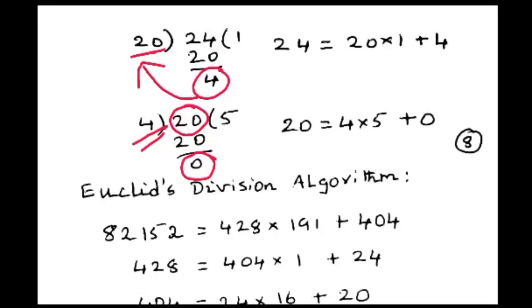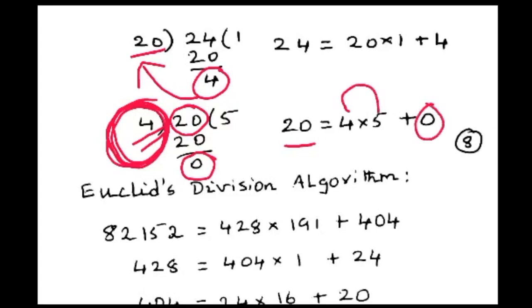That means in this case, this 4 becomes the HCF of the two numbers. Divisor 4 becomes the HCF of the given two numbers. So dividend 20 can be written as divisor multiplied by quotient plus a remainder.